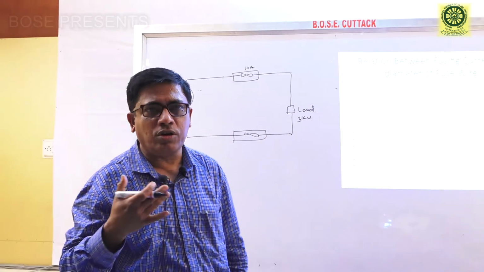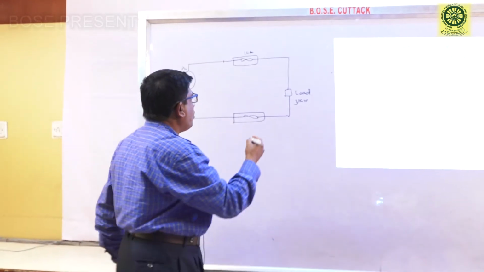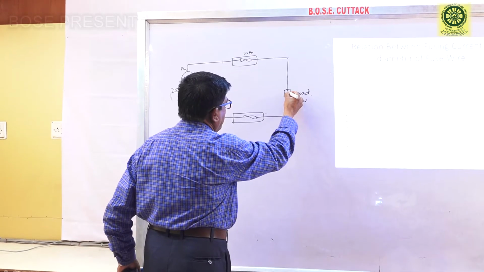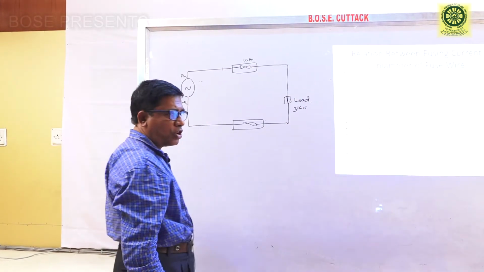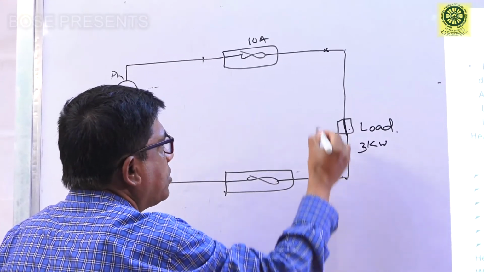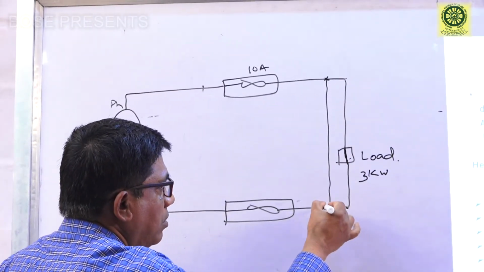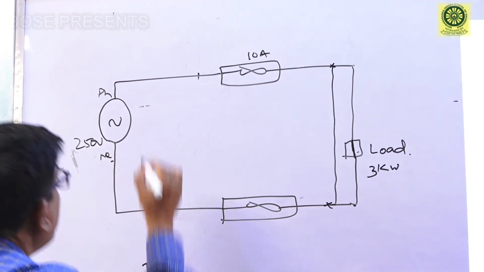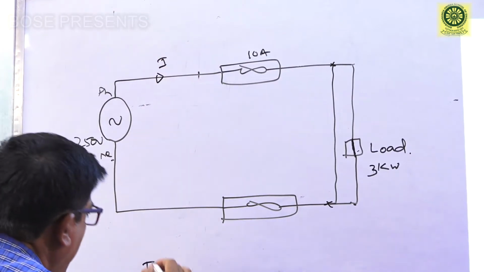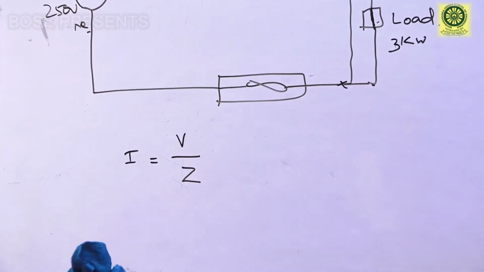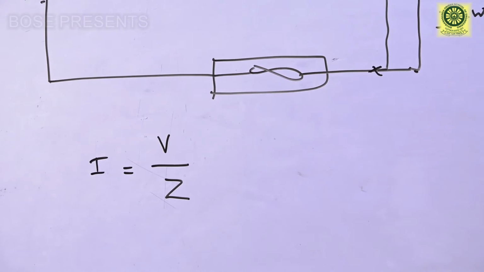If a short circuit occurs, what is the short circuit? For example, due to any problem, it will be shorted, or you can say that phase and neutral will be directly short circuited. Then what will happen? What is the current I? Now I is equal to V by impedance, or you can say V by resistance. This is your voltage.